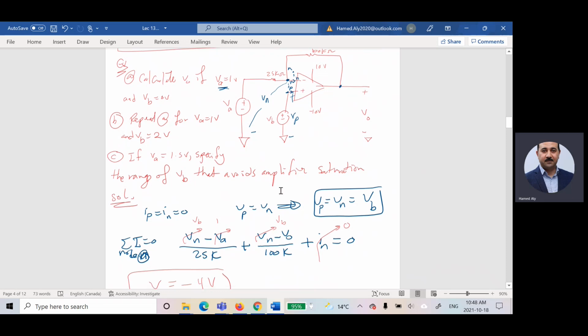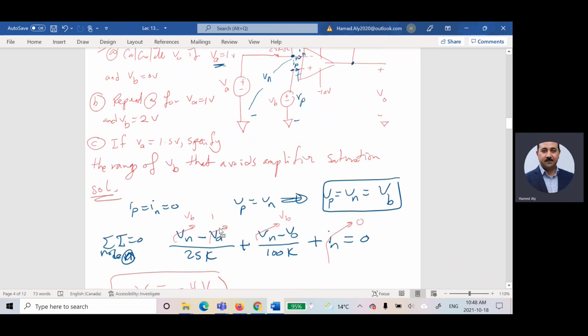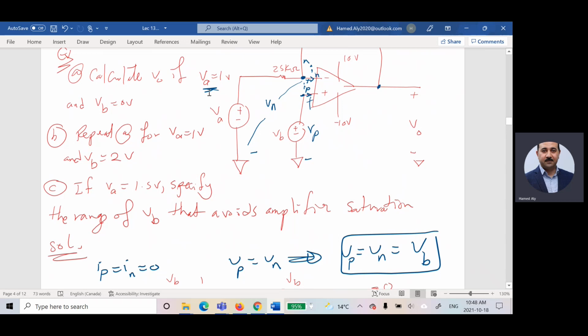Then I wrote my equation here, and what I'm going to do is substitute VA is equal to 1 and VB is equal to 0. Based on VB equal to 0, for part A, I can say Vn is equal to VP is equal to 0. Yes, because VP is equal to Vn is equal to VB, and VB here is equal to 0.